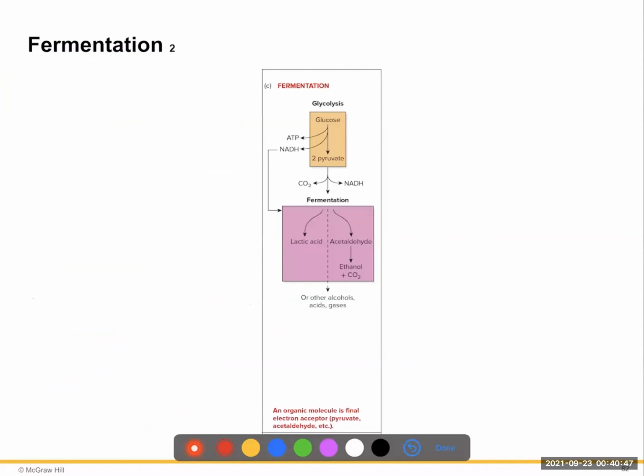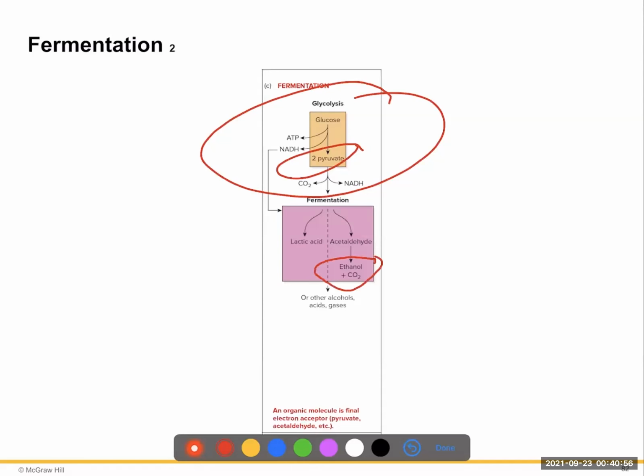So fermentation is still glycolysis, same as always. You get your pyruvate molecules, pyruvic acid, and then you get ethanol, ethyl alcohol, and CO2 being formed. CO2 are your bubbles. Like I said, in champagne and wine, it's all just CO2. It's all the same no matter what you're drinking.